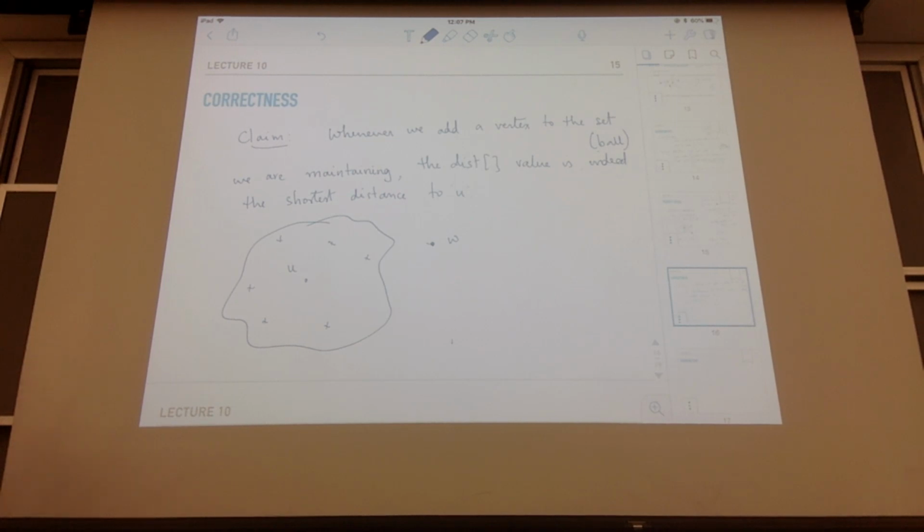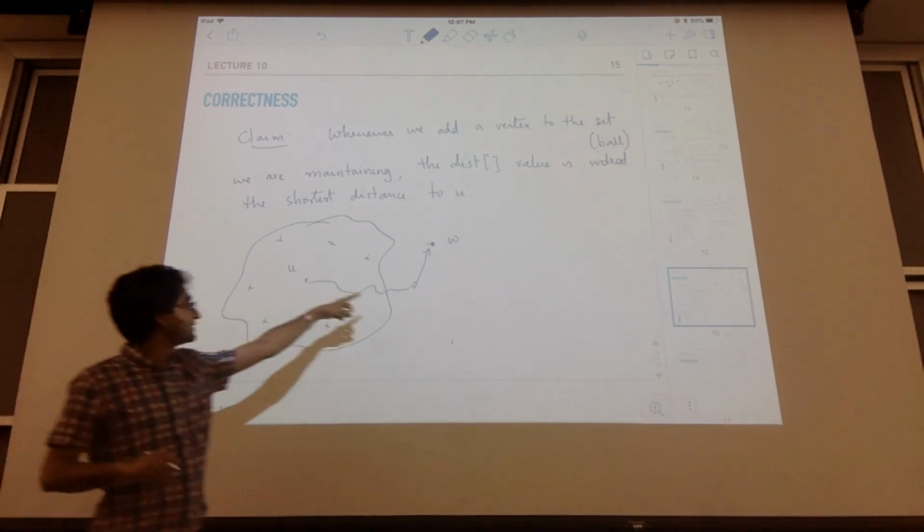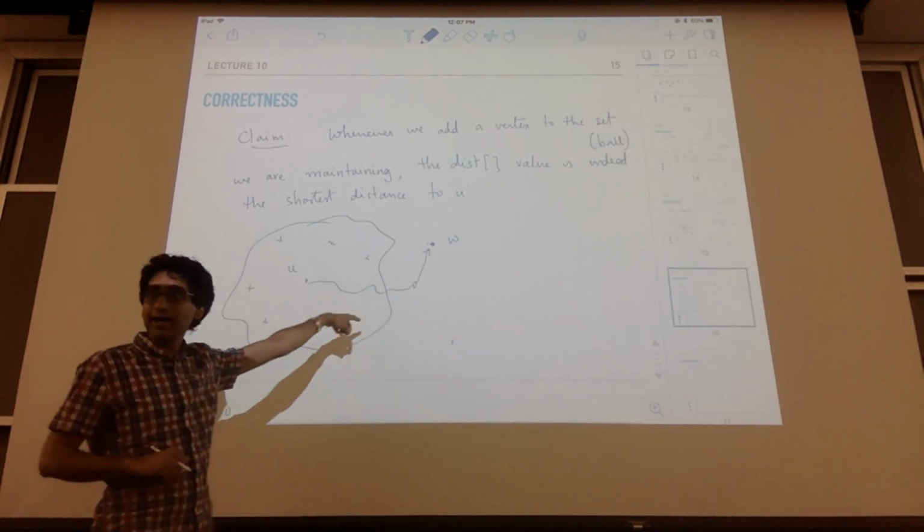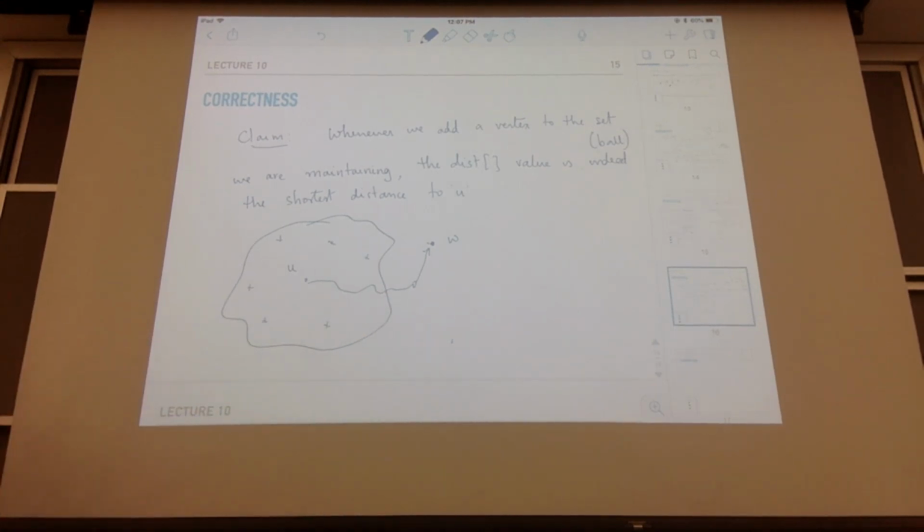Okay. Now, what would the shortest path from U to W look like? It would take some path, and it could have gone like this. But my claim is that it could not have been like this, because then the distance from this guy to U would have been shorter than the candidate that you're finding for W. Okay, and that's the reason you must have had a direct edge that went from here to this stuff.